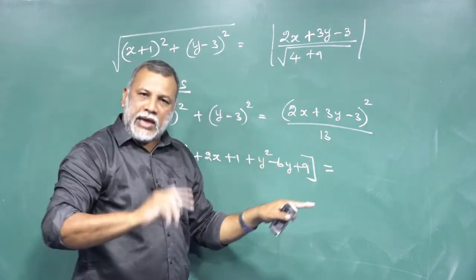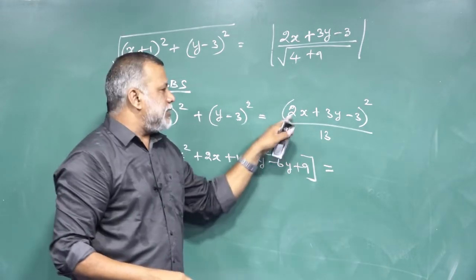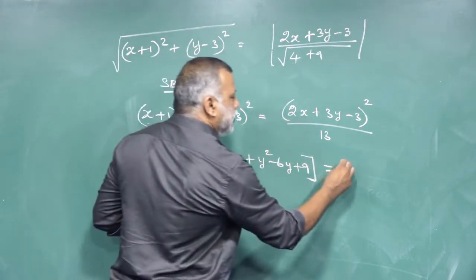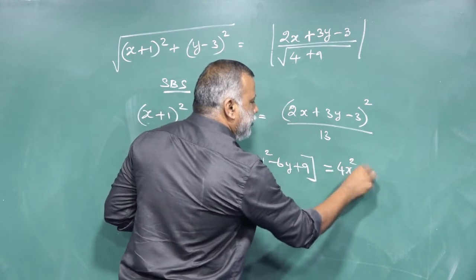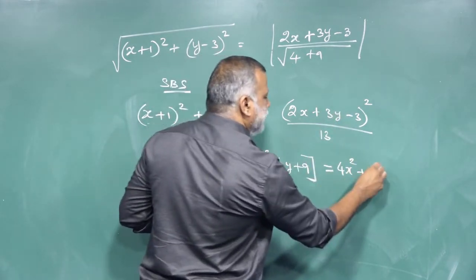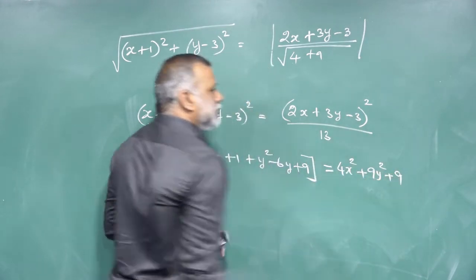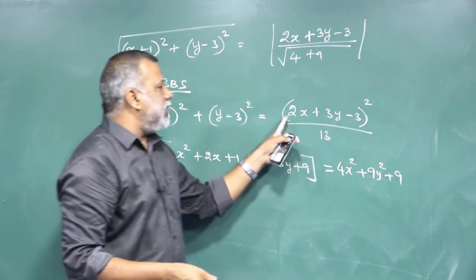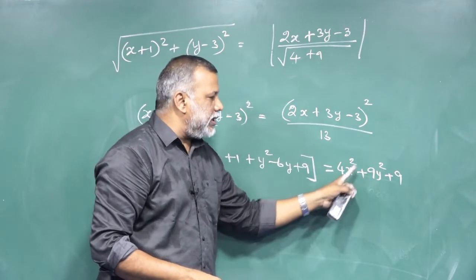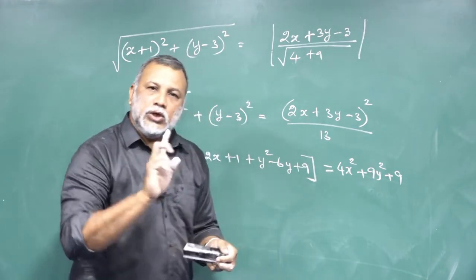Now it is in the form of (a + b + c) the whole squared. So expand this one. A squared means (2x) squared means 4x squared, plus b squared means 9y squared, then c squared means 9. So expand with the help of (a + b + c) the whole squared: a squared, b squared, plus c squared. Then 2ab.